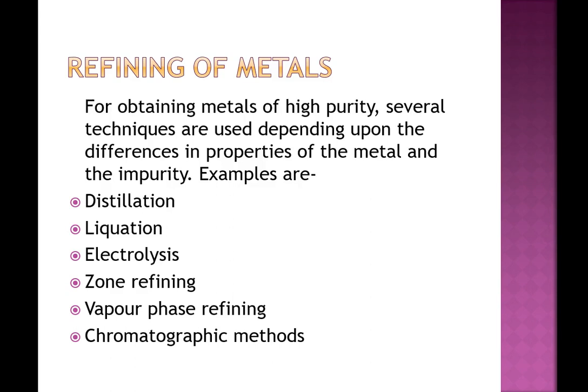For obtaining metals of high purity, several techniques are used depending upon the difference in the properties of the metal and the impurity. Examples are distillation, liquefaction, electrolysis, zone refining, vapor phase refining, and chromatographic methods. We will take all these techniques one by one.